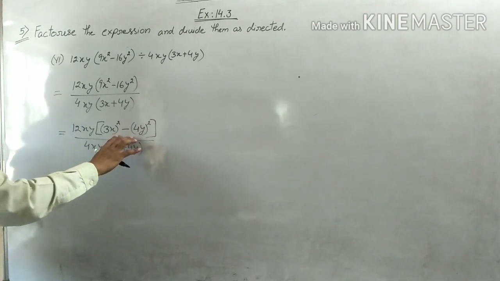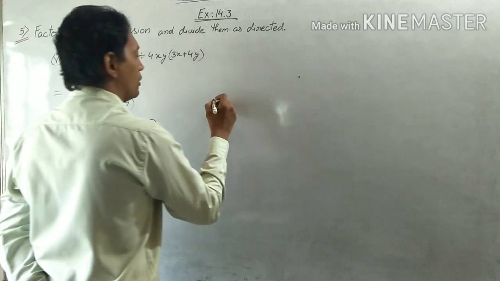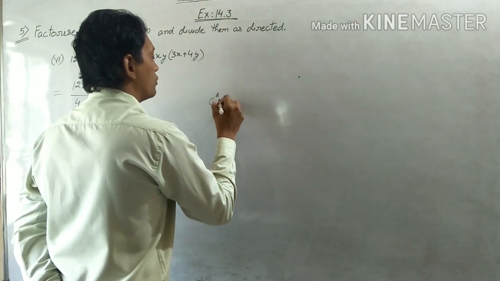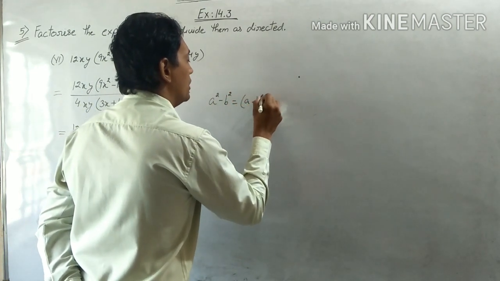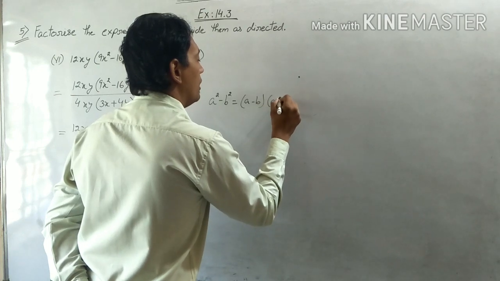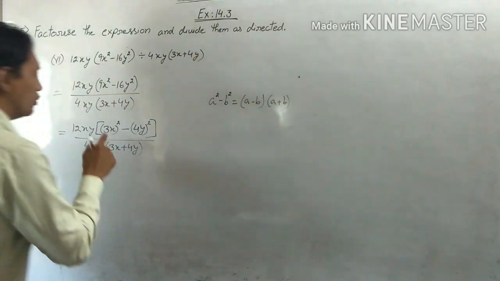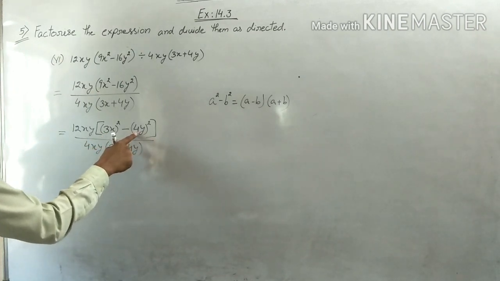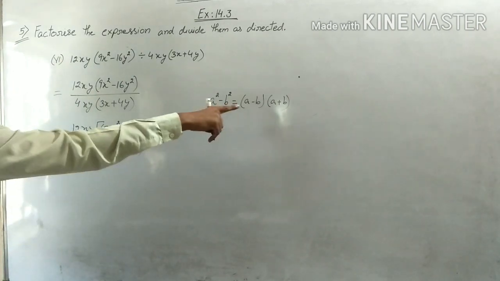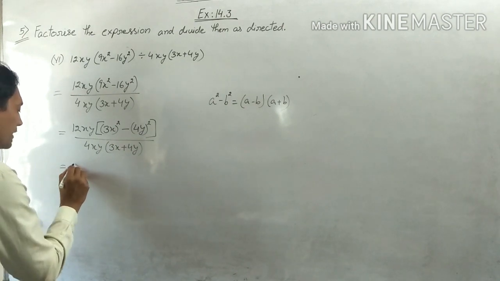Students, clearly we need to apply here that formula which we learned last time, that is a square minus b square will give you a minus b into a plus b. You need to apply it here. So this bracket part is a and this bracket part is your b. So one time minus and another time plus.